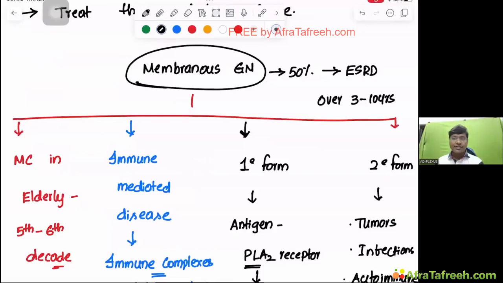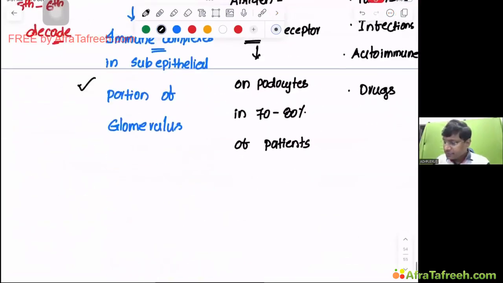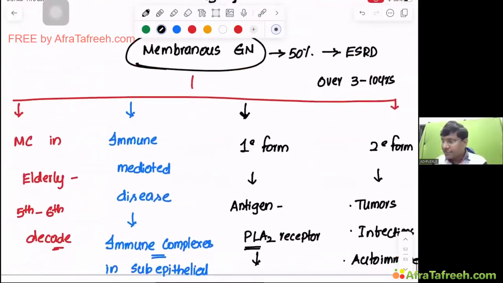But what are those poor prognostic factors? Okay, I'll come back to the poor prognostic factors once I discuss the entire membranous glomerulonephritis.